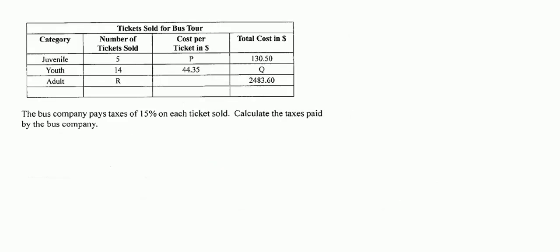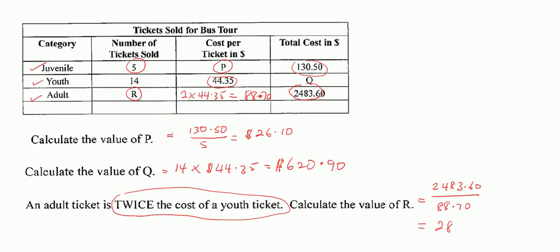So the last part of the question, they ask us, the bus company pays a tax. So you have a tax of 15 cents on each ticket that was sold. Let me just get back some information here.